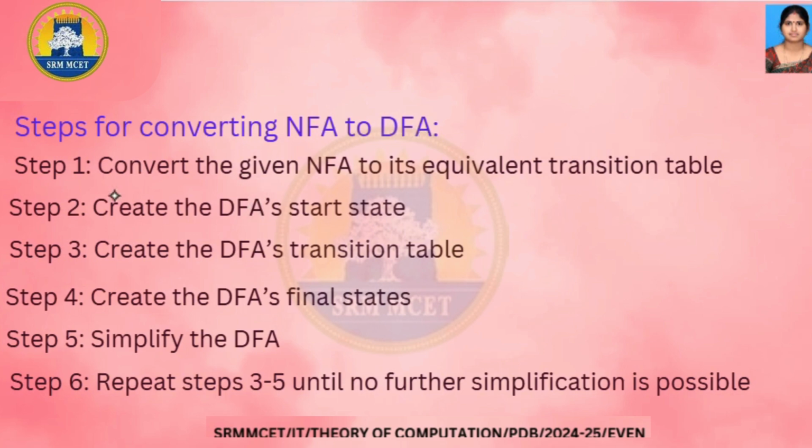So let's go on. Step number 1: first we have to convert the given NFA diagram to its equivalent transition table. So first of all, we have to draw the transition table for the given NFA transition diagram.